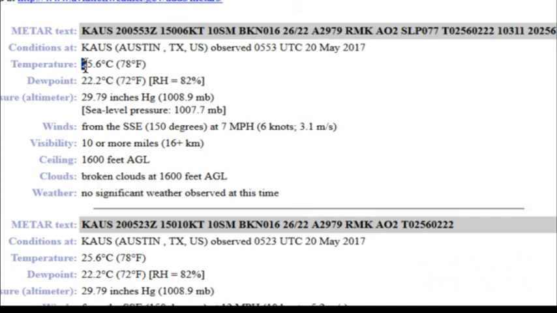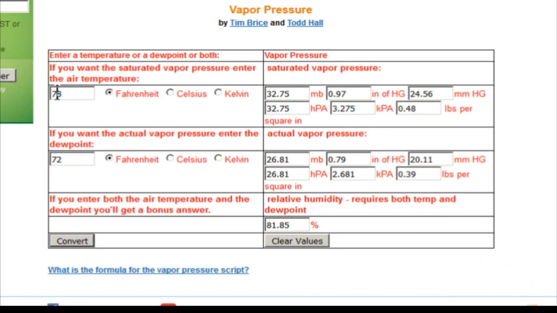So let's put that in that excellent calculator. Okay, so I've done that, and you can see that this contributes about 26 millibars to the atmospheric pressure, which is a little over 1,000.